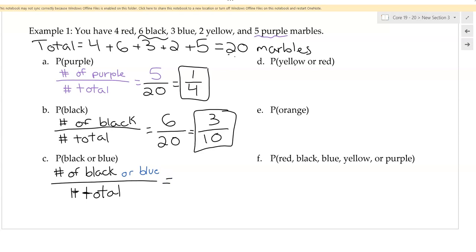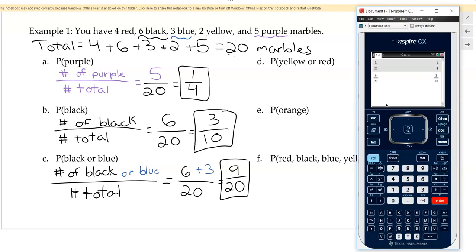So I have 6 black. We already knew that. But I can also pull out the blue ones, and there's 3 of those. So I have to add those on to my 6 black that are a possibility. 20 is still our total. 6 plus 3 is 9 out of 20. This cannot reduce. You can type it in your calculator to check, but it doesn't reduce. It stays the same. So we'll just circle that 9 out of 20.